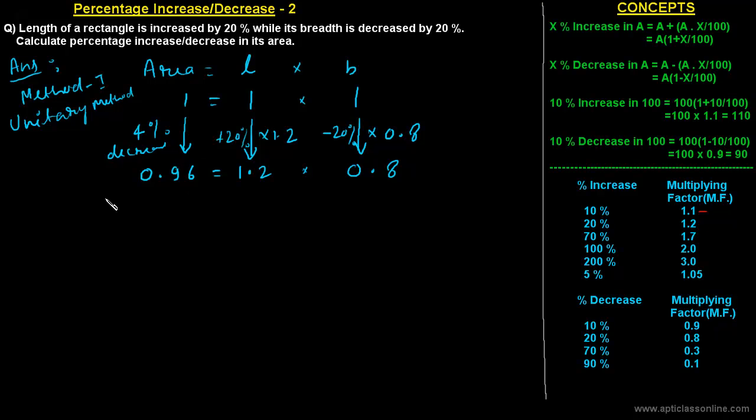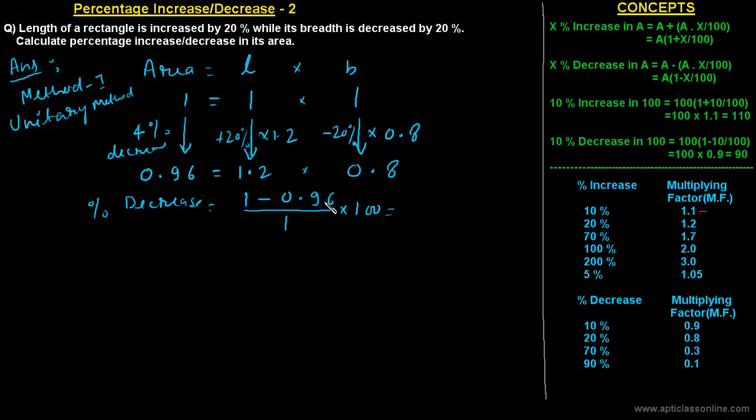You can also get this value with the help of a formula. Percentage decrease is equal to, we can calculate with the help of this formula how much it has decreased: 1 minus 0.96 divided by the initial value, which is 1, multiplied by 100.